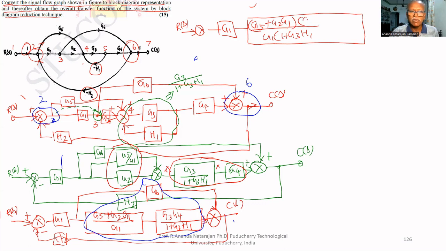This and this are multiplied with G3, G4 plus G6. G6 is now added. Here H2 is there.